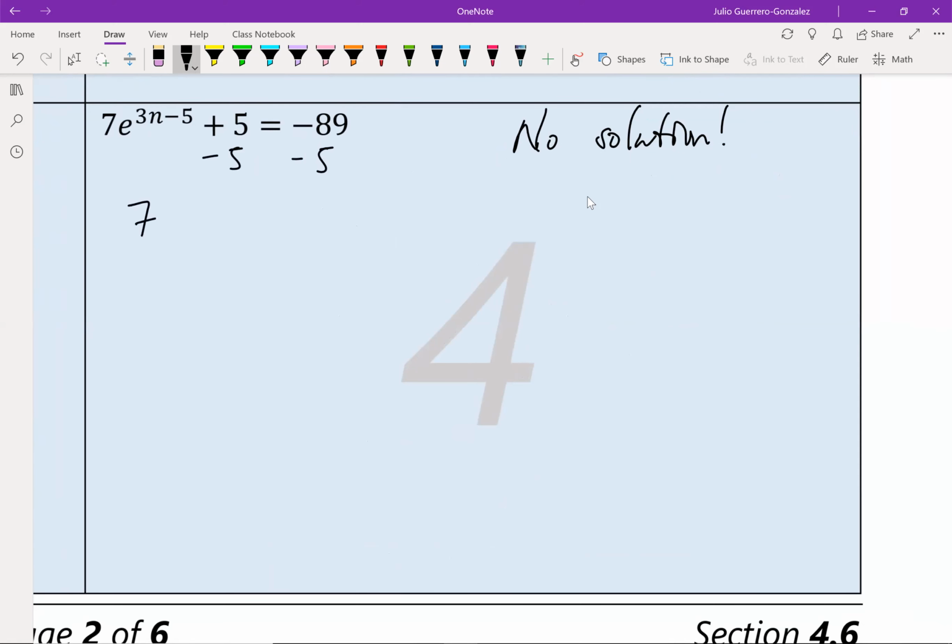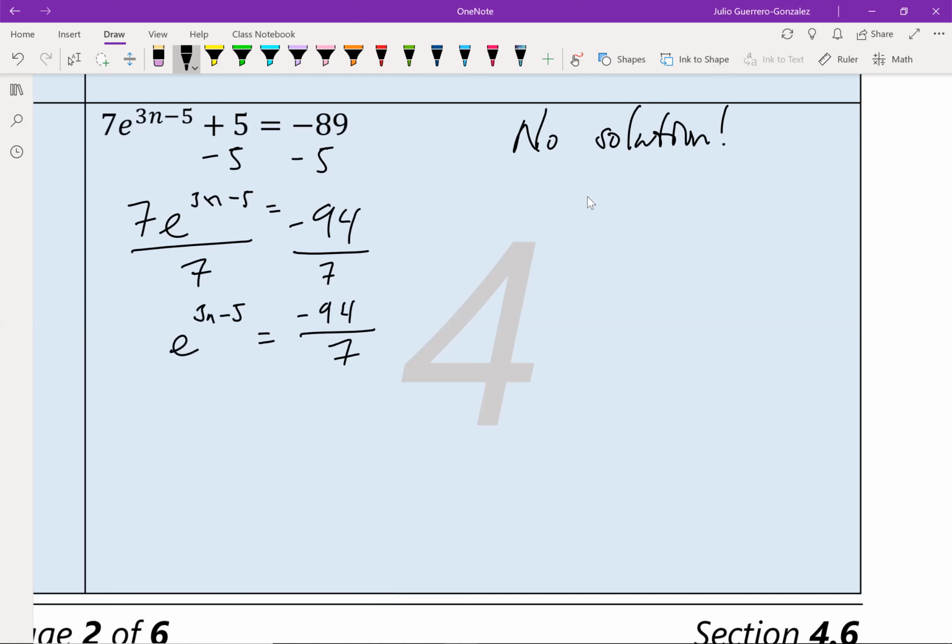Right, so I got 7e to the 3n minus 5 is equal to negative 94, divided by 7. Notice we're still going through the motions, and at one point, it's going to stop us. e to the 3n minus 5 is equal to negative 94 over 7.